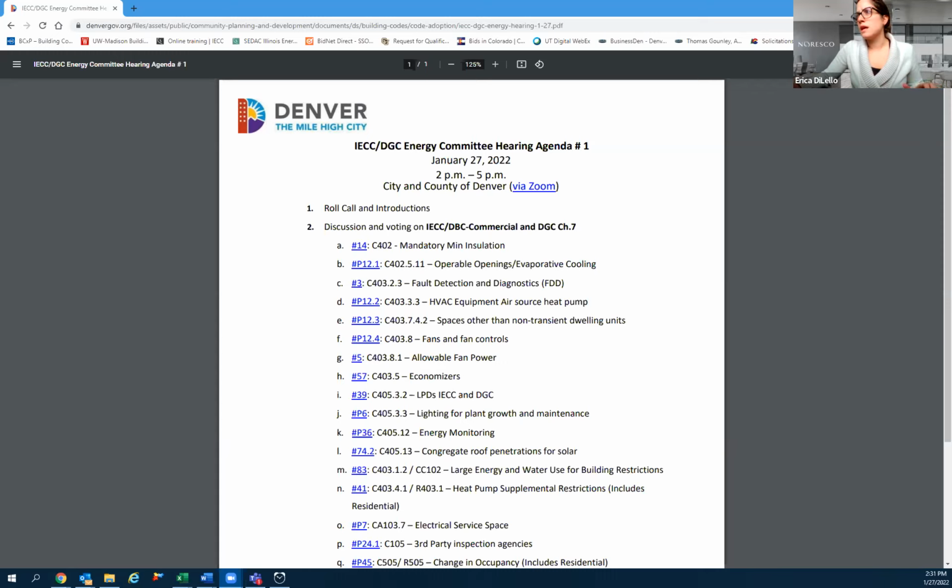So with that said, we have 28 members to create a quorum. 28 voting members would mean that we would need at least 15 to pass any one of these items. So just keep that in mind when we come to vote.